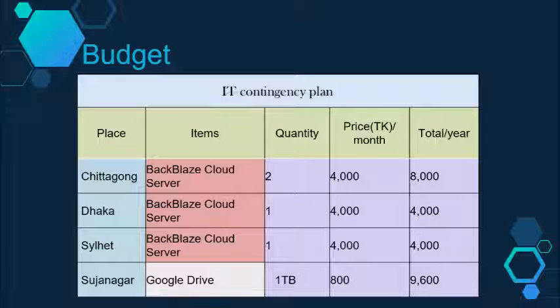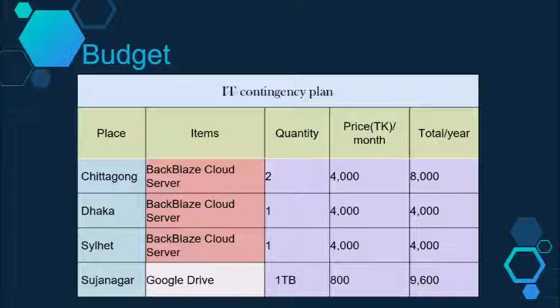First of all, we are using a cloud server as our main backup named Backblaze. In our main office Chittagong, we use Backblaze cloud server for 2 PCs to store all the data. Backblaze takes $50 for a PC in a year and gives us unlimited backup space.